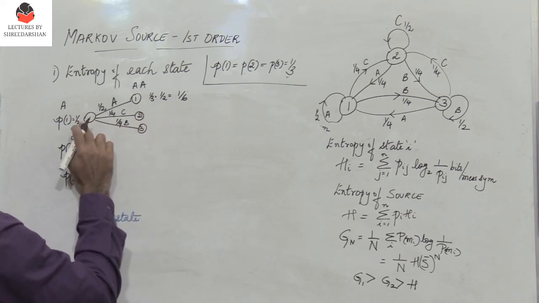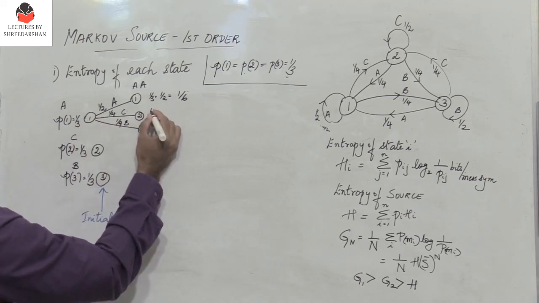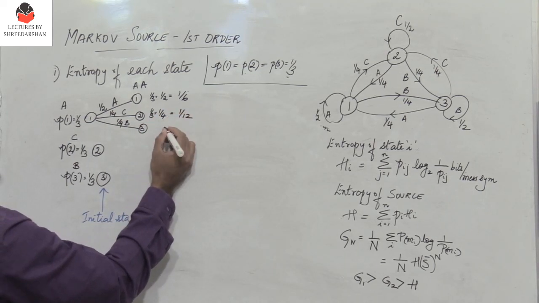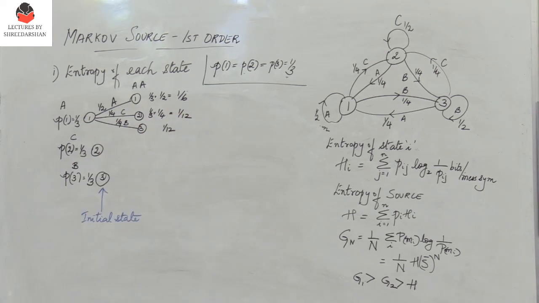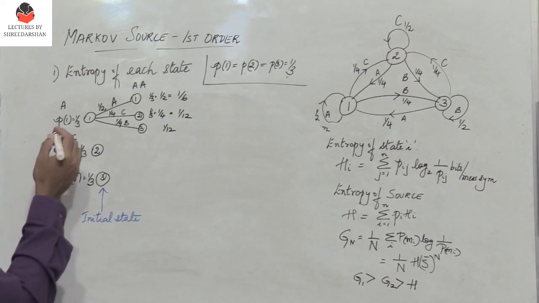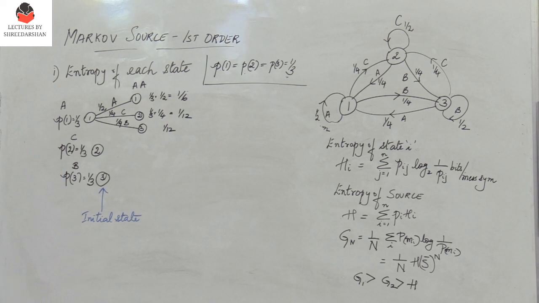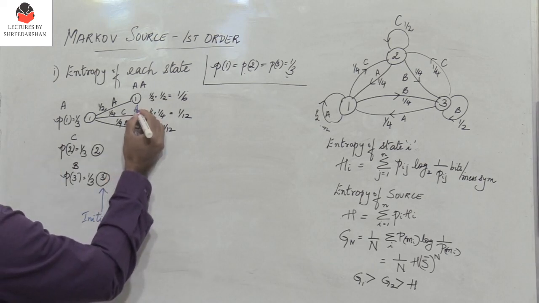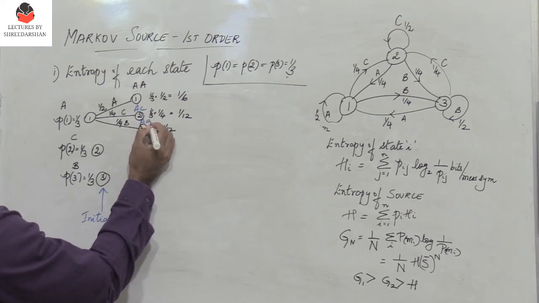So here I have 1 by 4 into 1 by 3, which is 1 by 12. Again this is 1 by 12. And the symbols here would be AC and AB.